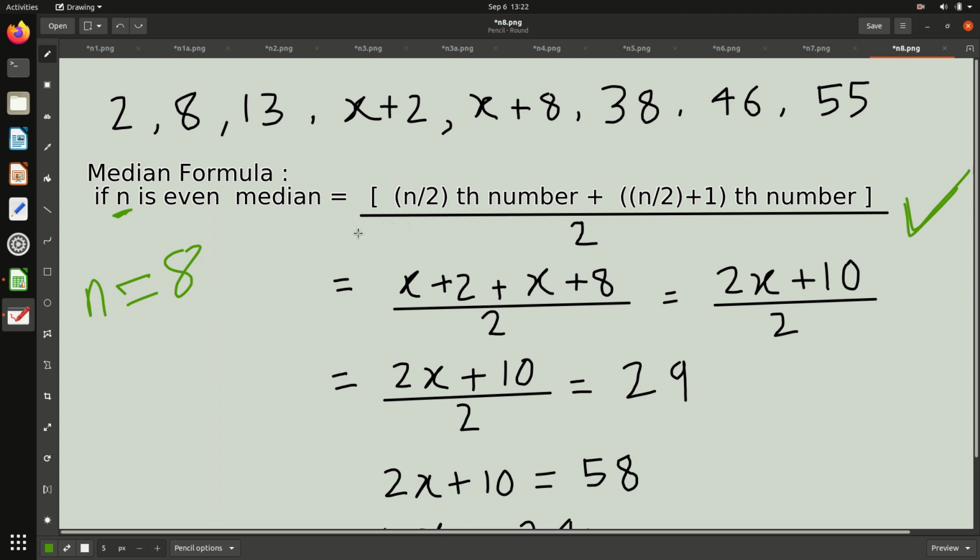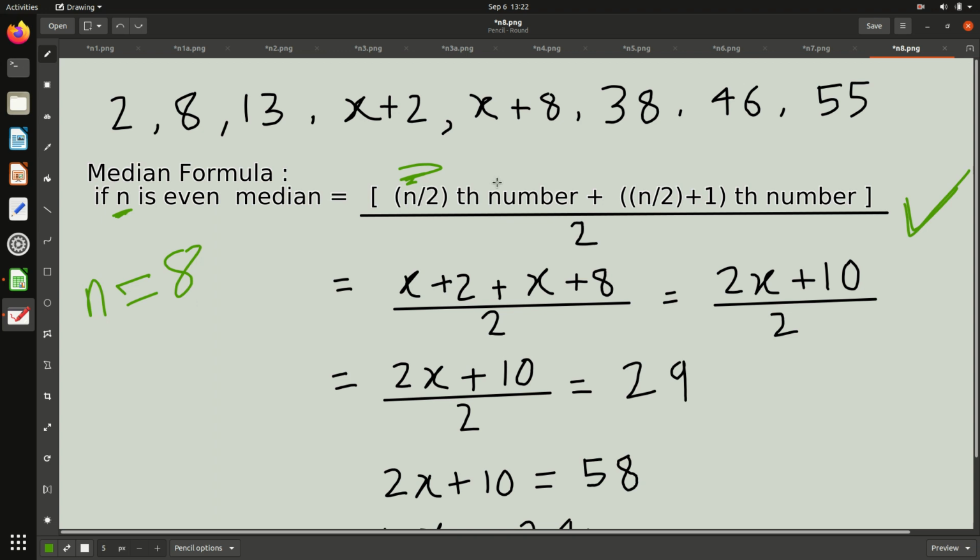Now this formula is nothing, median basically means the middle term. So we have to find the middle term. What is the middle term here? For that we use this one: the middle term is the n by 2th term plus the n by 2 plus 1th term, all divided by 2. Here n is 8, so n by 2 will be 8 by 2, which is 4.